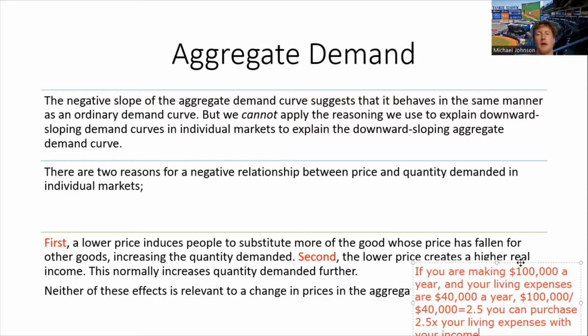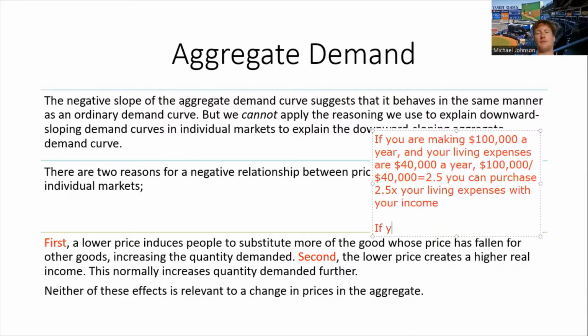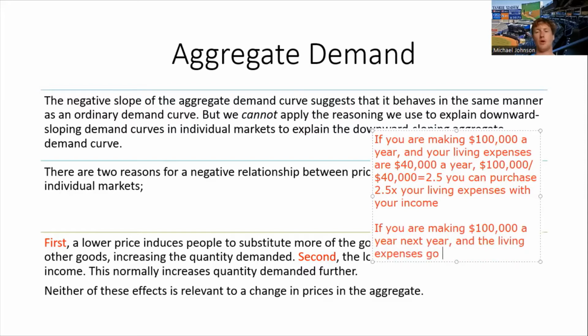Let's say you are making $100,000 a year next year, and the living expenses go down to $20,000 a year. $100,000 divided by $20,000 equals 5.